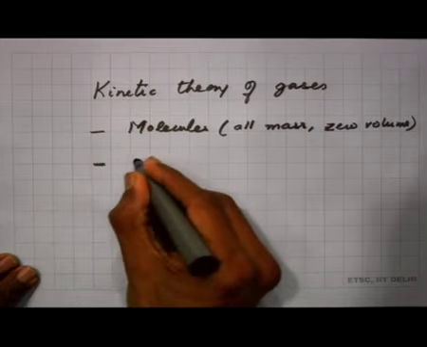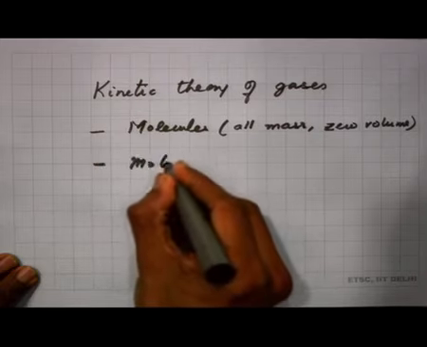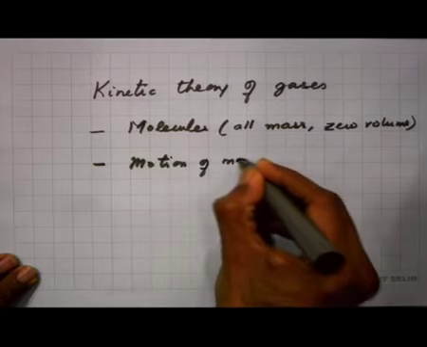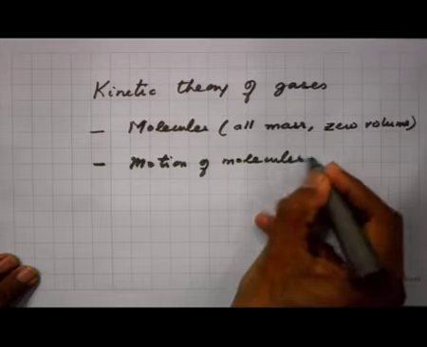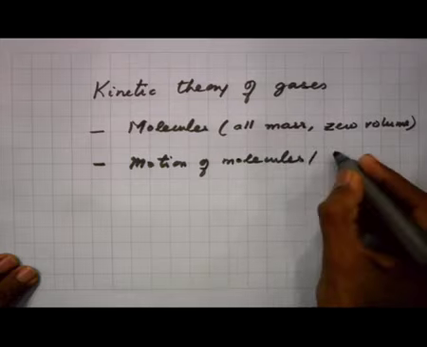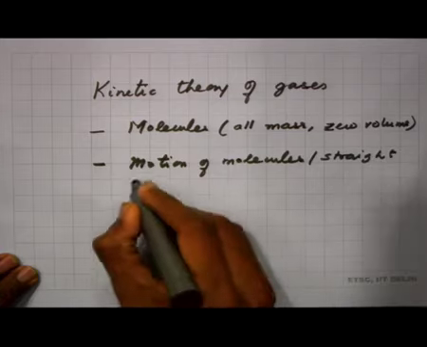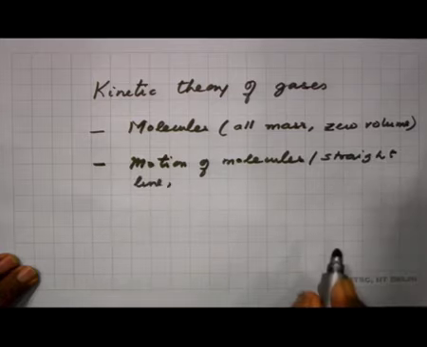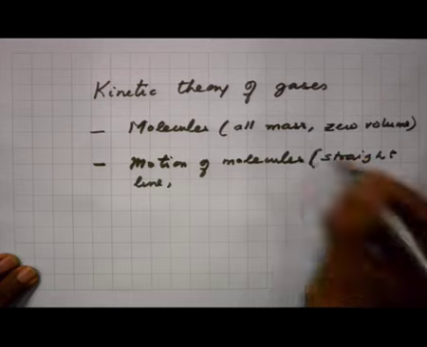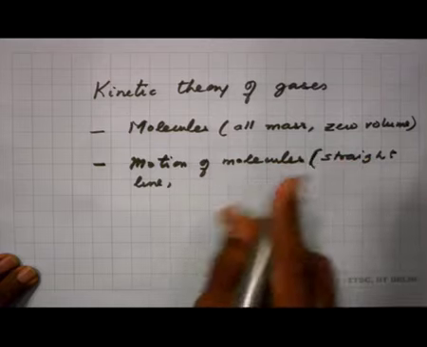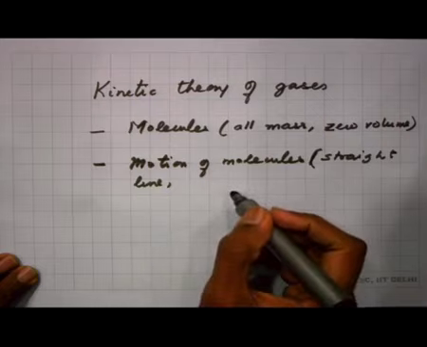The second big thing is about motion of molecules in gases. We said that it takes straight line paths, moves in straight lines until it undergoes a collision either with the walls of the container or with another molecule.